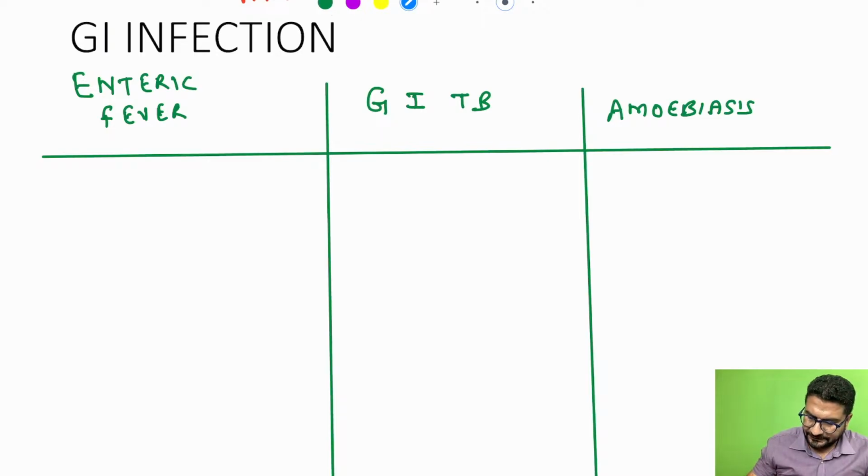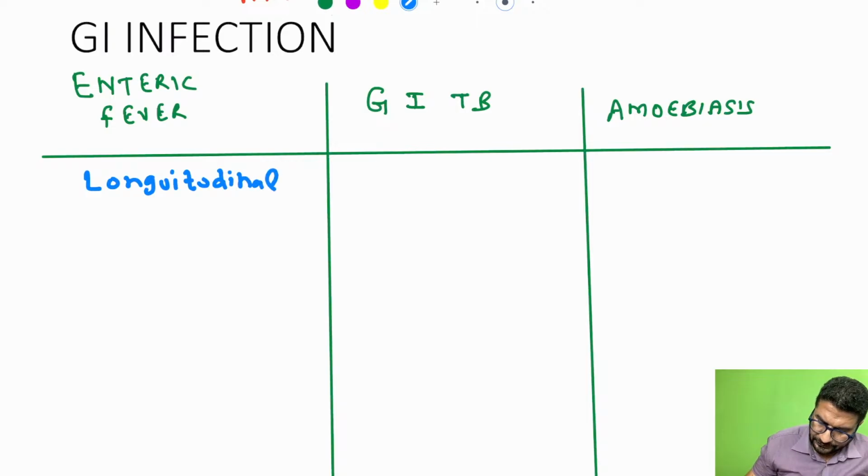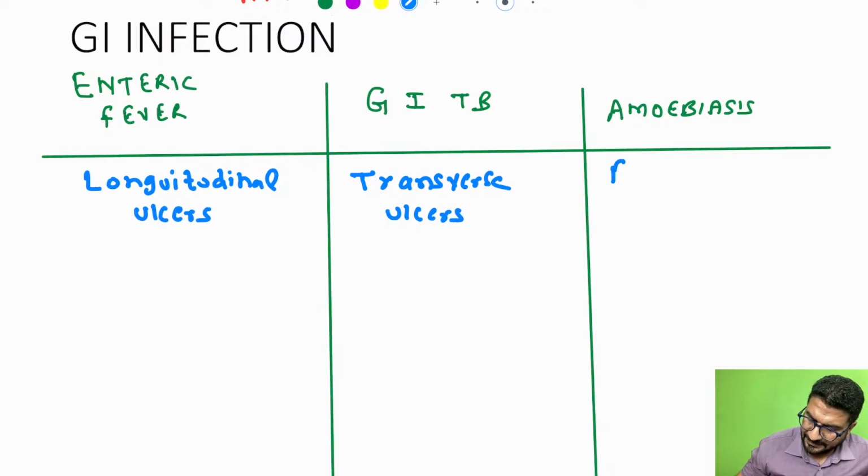So in enteric fever you will see longitudinal ulcers. In GITB you will see transverse ulcers. And in amoebiasis you will see flask shaped ulcers.